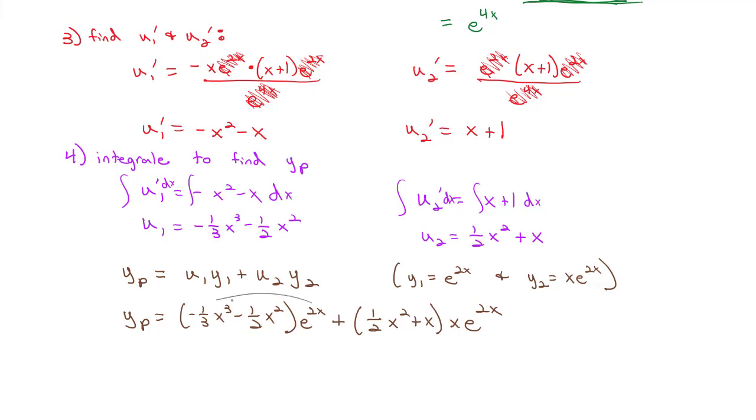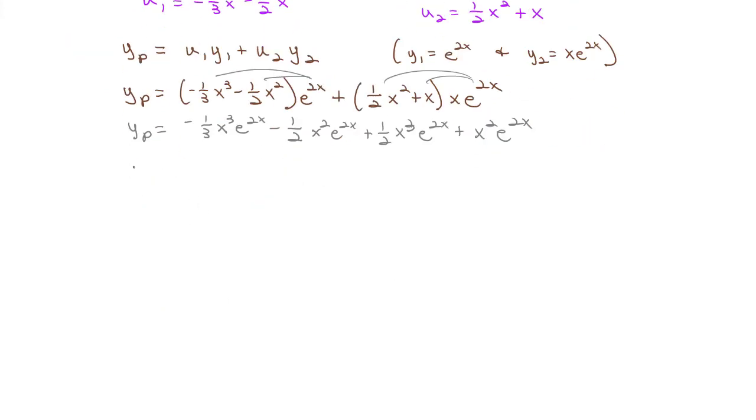Doing a little cleanup by distributing through, we get negative 1/3 x cubed e to the 2x minus 1/2 x squared e to the 2x plus 1/2 x cubed e to the 2x plus 1 x squared e to the 2x.